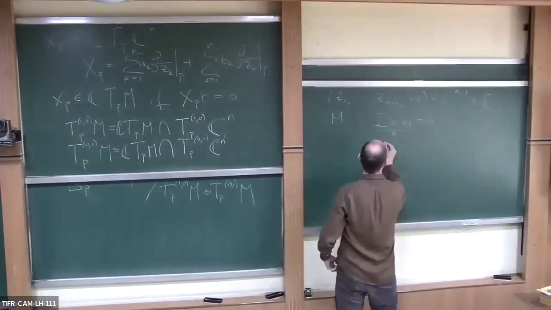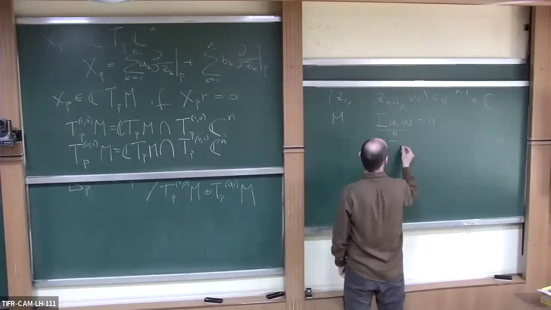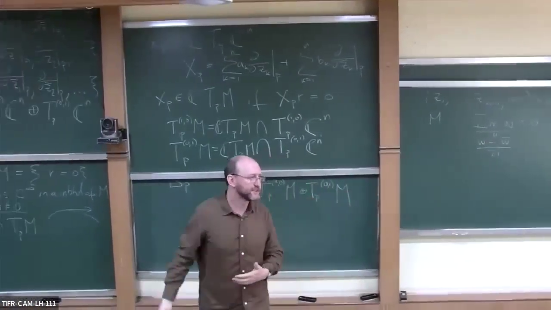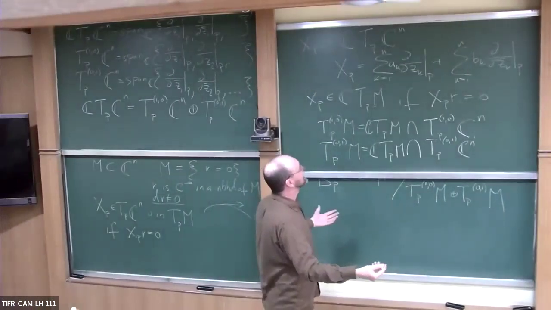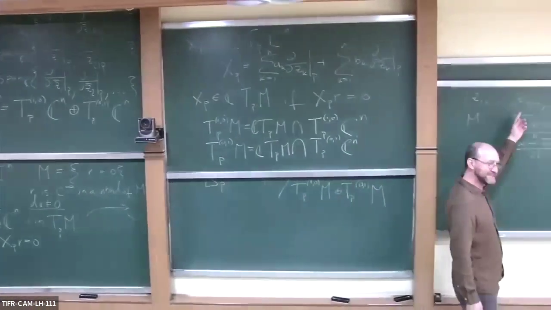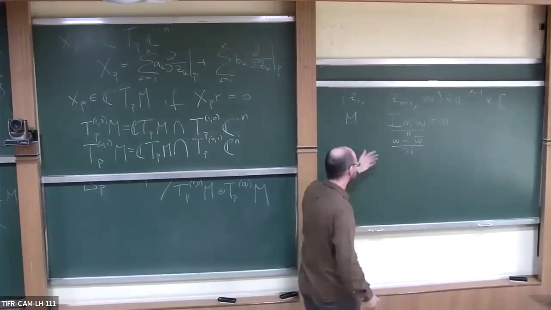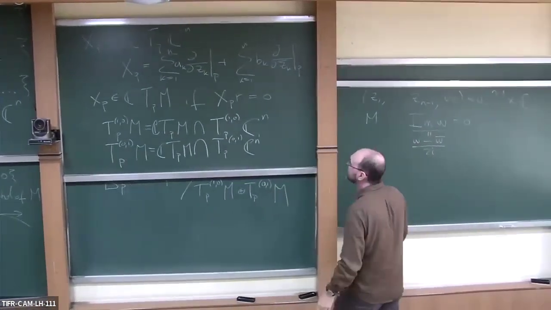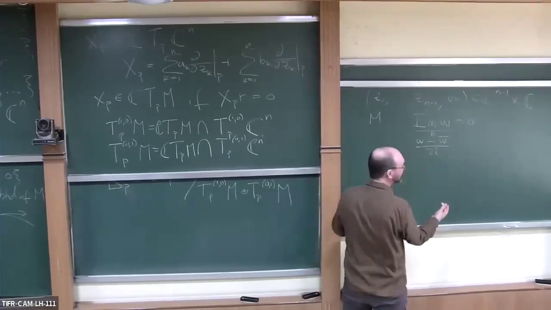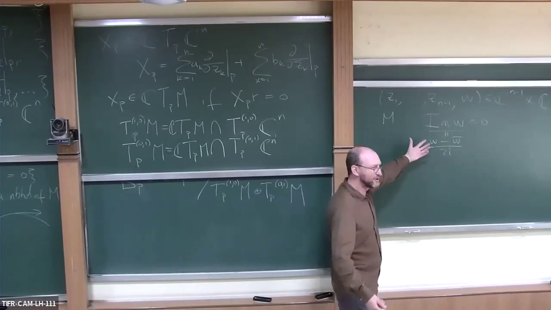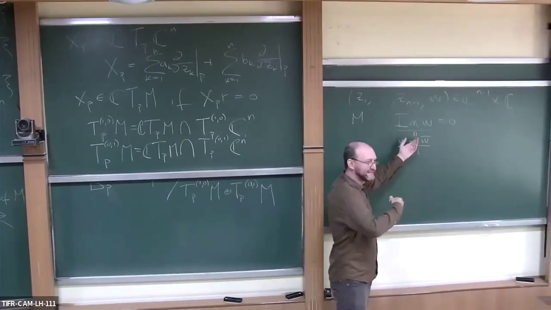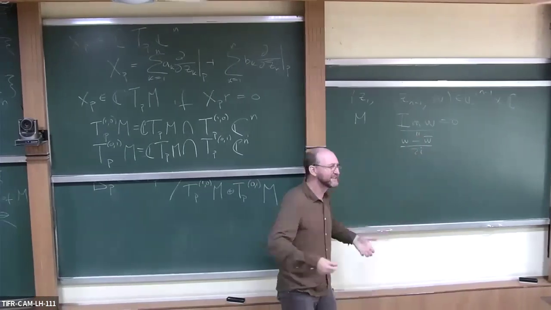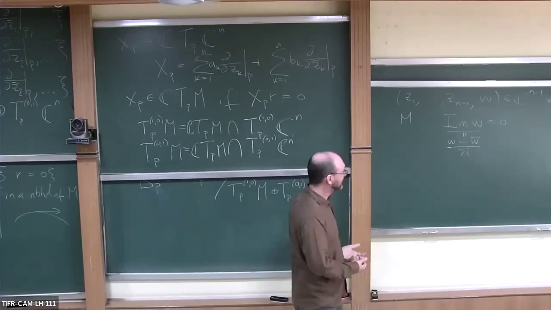What is R? I can write this as W minus W bar over 2i. The 2i is kind of irrelevant, but W minus W bar. It's clear that if I differentiate with respect to the z's or z bars, there are no z's and no z bars. If I hit this with W or W bar, I get 1 over 2i or minus 1 over 2i, some constant, so I don't get 0.